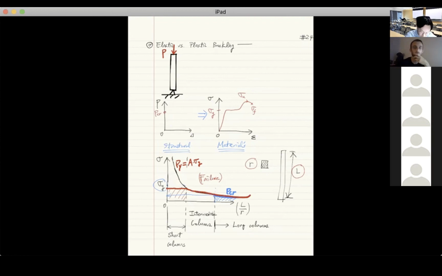Of course, there shouldn't be any kinking point at the end. It shouldn't be like this. And that means materials will not fail. Because we're looking at stress, the material will not fail for the columns within this region.